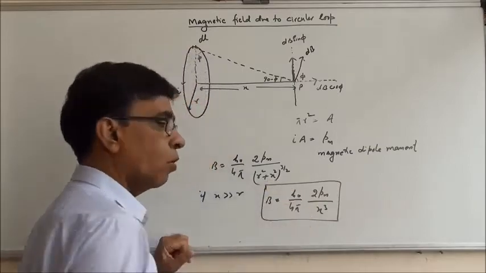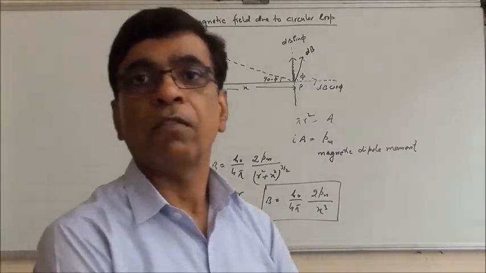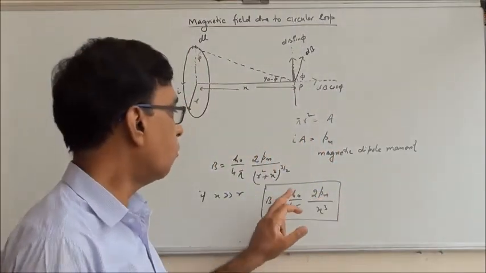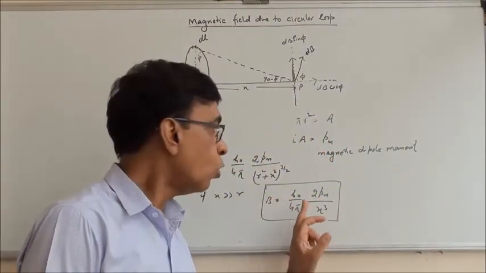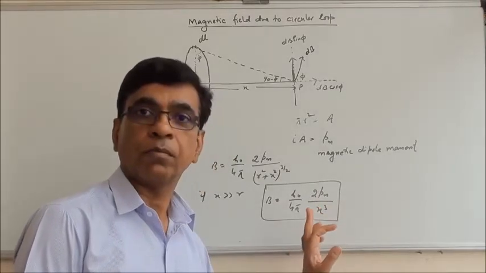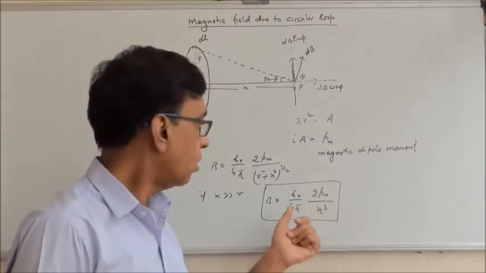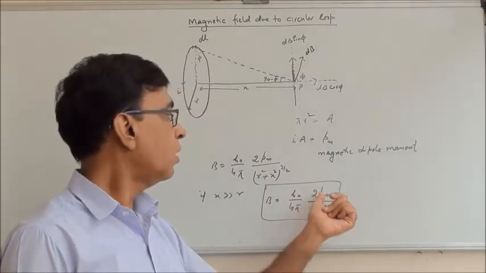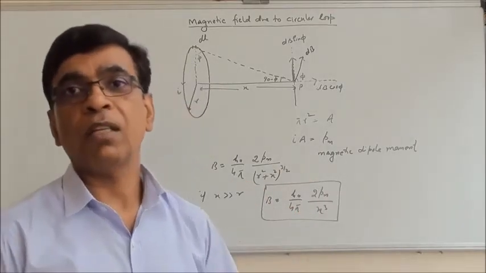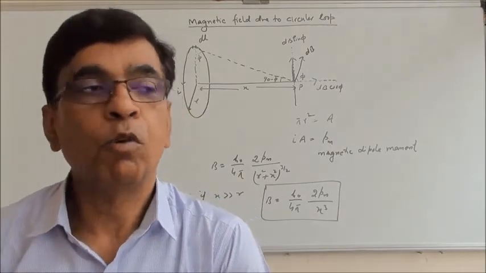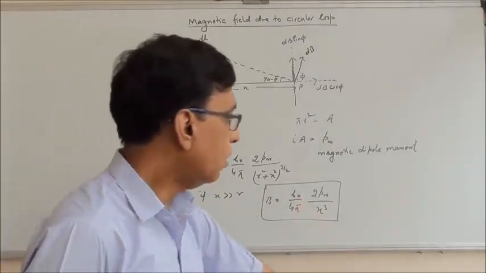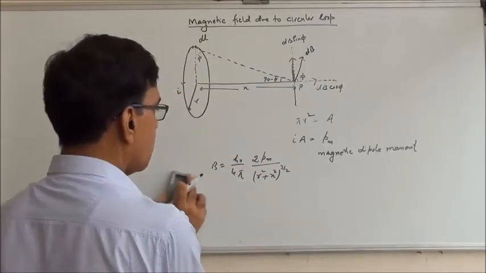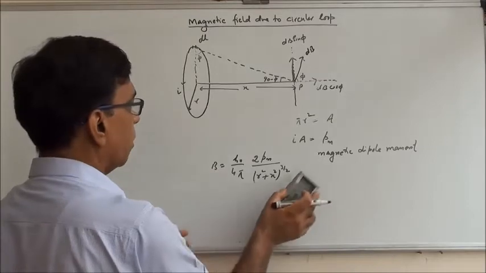Now if you can recall the expression for the electric field due to a dipole on its axis, it is a similar expression: 1 upon 4 pi epsilon naught, 2p by x cube. The constant 1 by 4 pi epsilon naught is replaced by mu naught by 4 pi. Here we have magnetic dipole moment, there we had electric dipole moment. So here this is the magnetic field, and there it is the electric field, with the same form 2p.